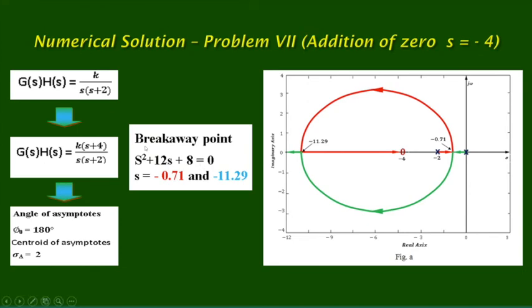So calculate the breakaway point using the characteristic equation, dK/ds equal to 0. From this equation we get s² + 12s + 8 = 0. And from this equation we get two roots. One is minus 0.71, another is minus 11.29.